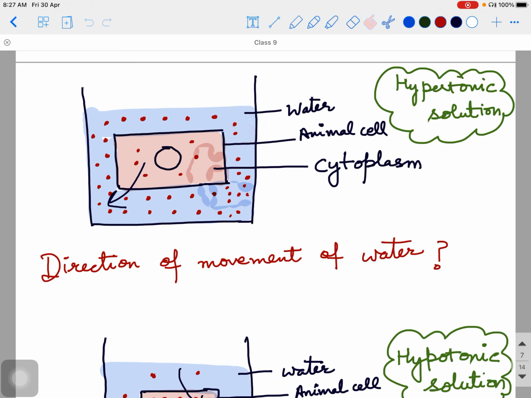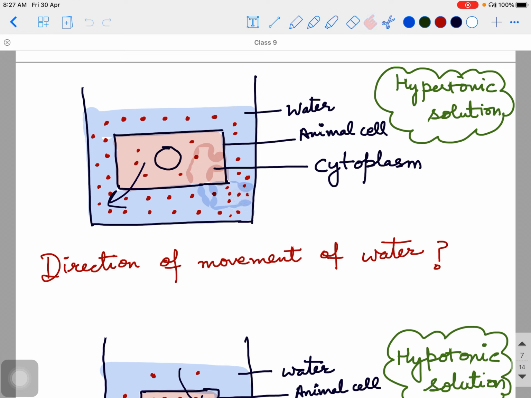We just have to look at where the concentration of water is more and where it is less. We will not look at the total amount of water. We will only look at the number of free water molecules. Here you can see the number of free water molecules is more as compared to here. Here the number of free water molecules is less.